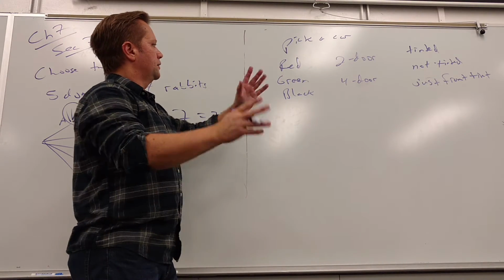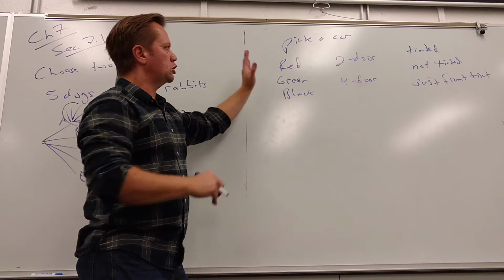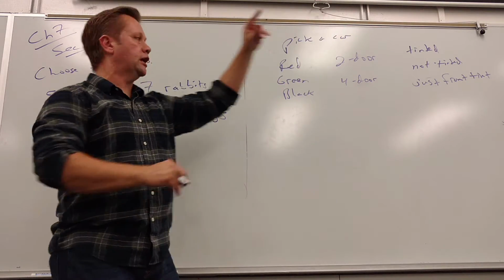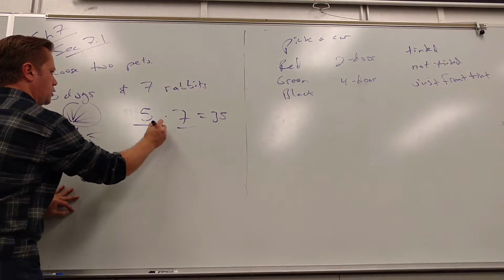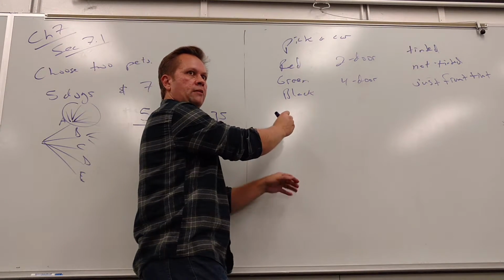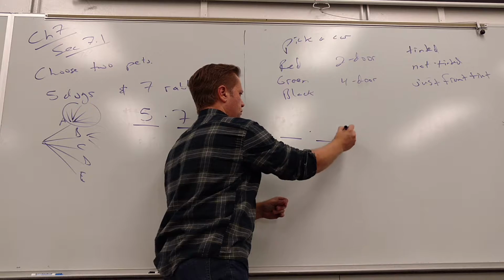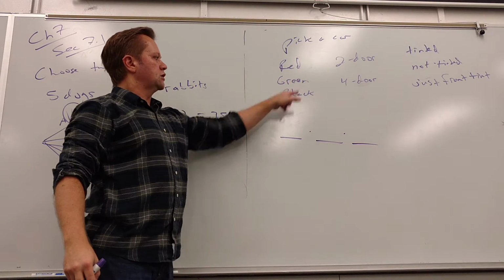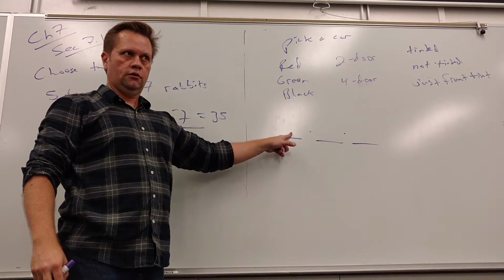Anyway, do you see there are 3 choices I need to make? Here there were just 2 choices. That's why there's 1, 2 spots. So here how many spots am I going to have in my little hangman game? 1, 2, 3. How many options for the first thing? 3.